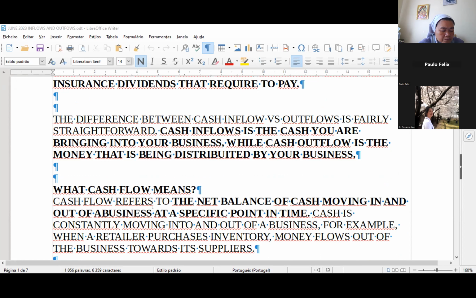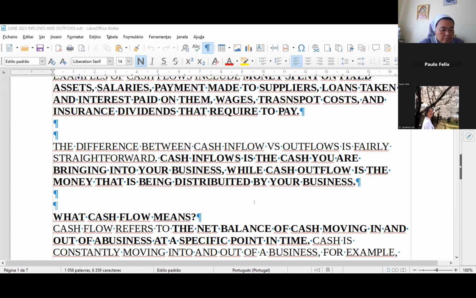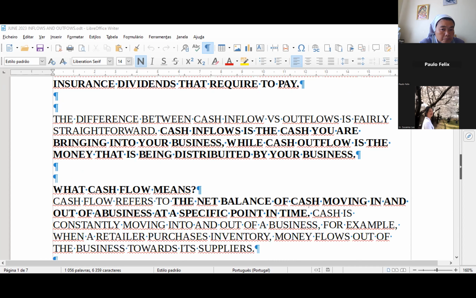So what does cash flow mean? Cash flow refers to the net balance of cash moving in and out of a business at a specific point in time. It can be weekly, monthly, quarterly. It depends how we look into the different statements of the movement of money. Cash is constantly moving in and out of business.